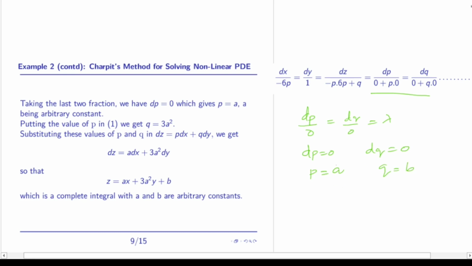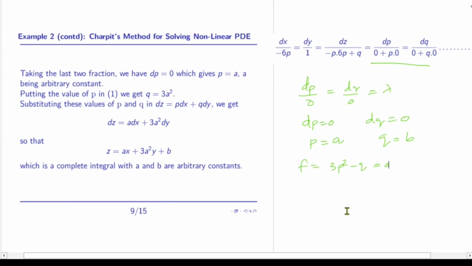Now our function was f equal to 3p square minus q equal to 0, so we can write q equal to 3p square, and since p is equal to a, q equal to 3a square.